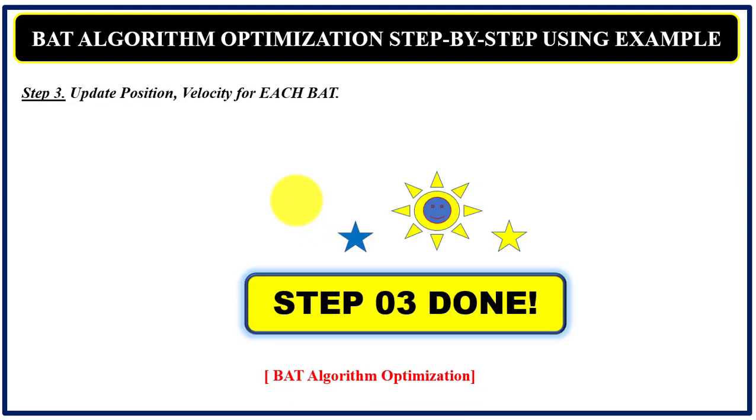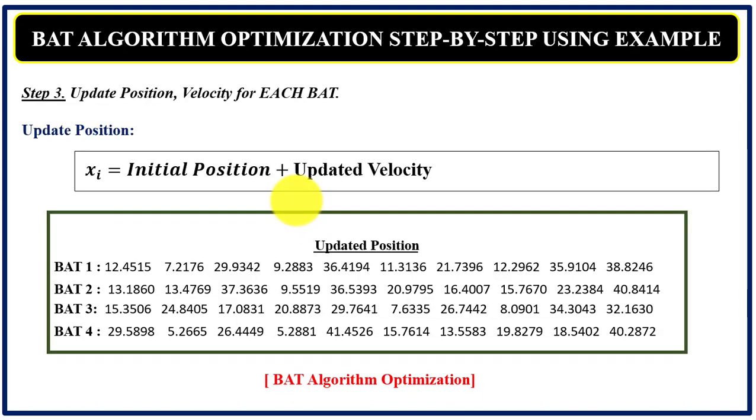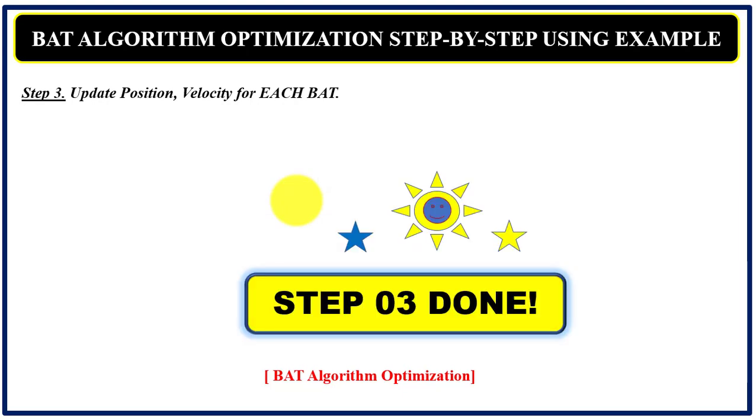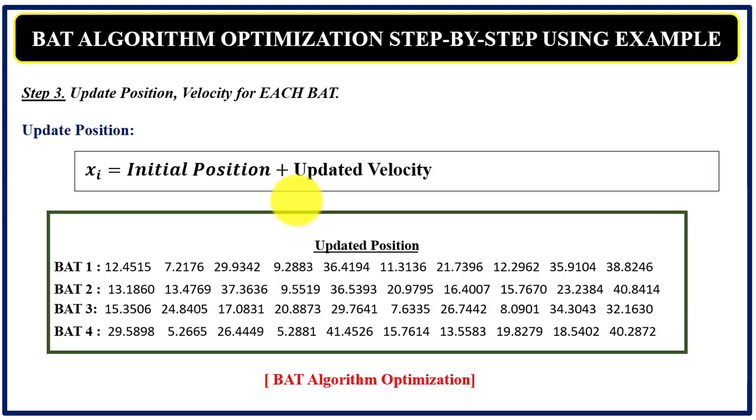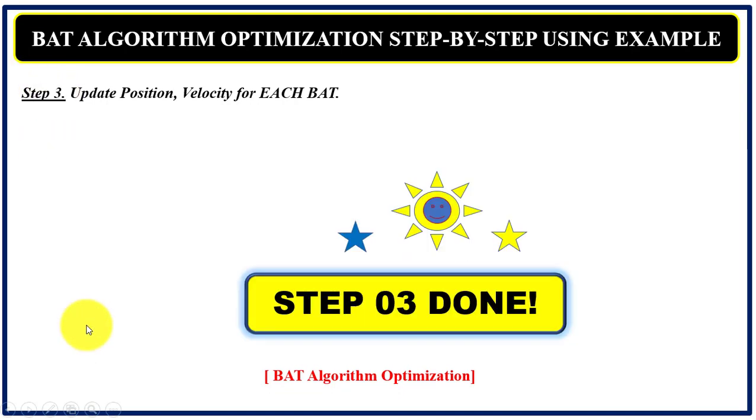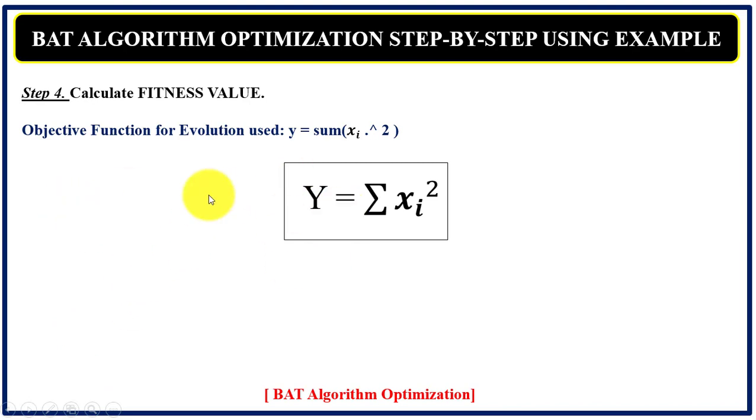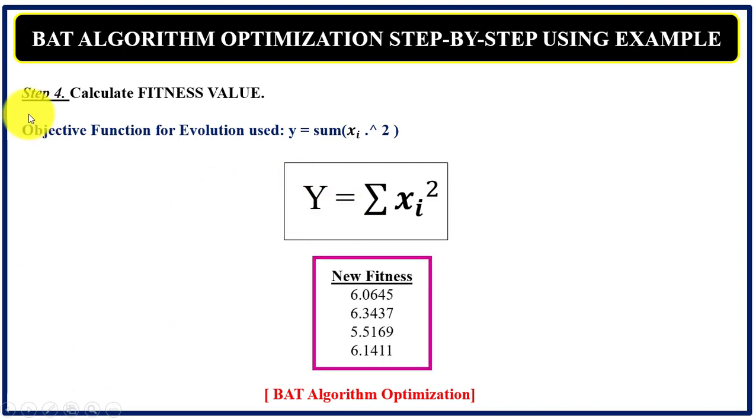Again, as we now have the positions, we will compute the fitness value for each bat. On this position we will use these positions xi, x1, x2, x3, x4. So we will apply the fitness function again and compute the fitness value.